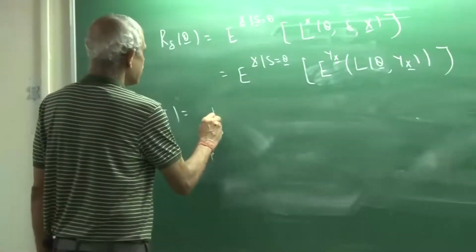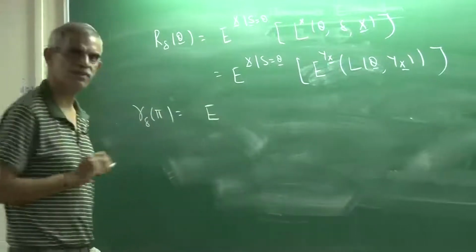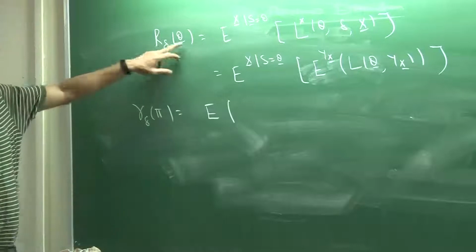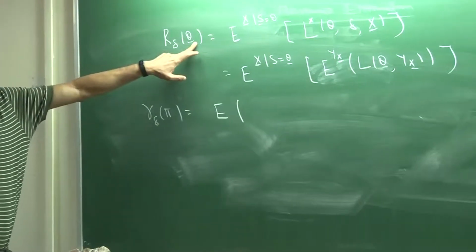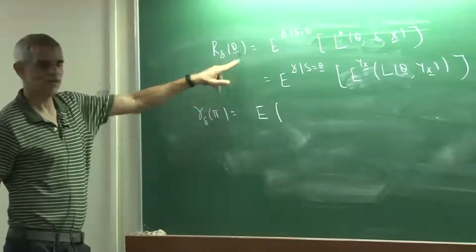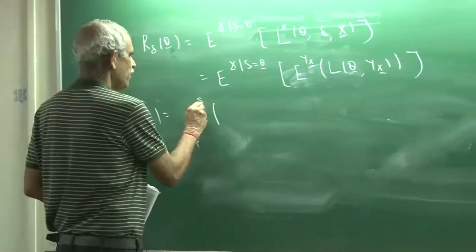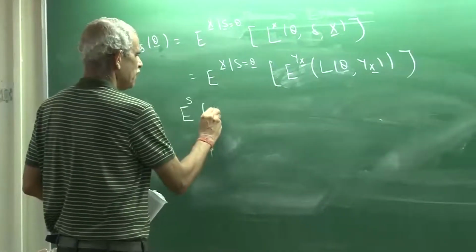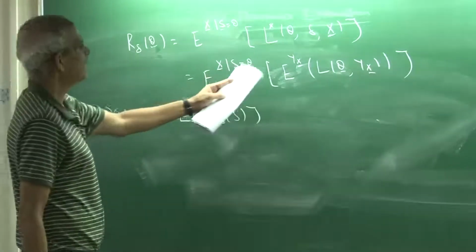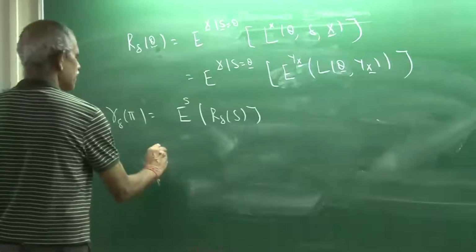What is this? This is nothing but the expected value of, you take the average of R delta theta when theta is considered to be a random variable, or theta is considered as a realization of a random variable S. So it is the expected value over S of R delta S.